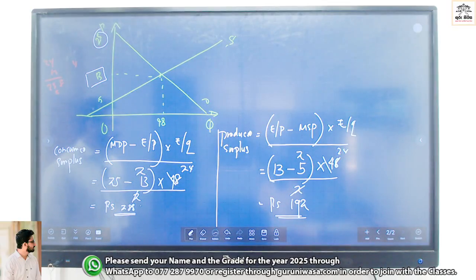Then the last question asks you to show consumer surplus and producer surplus on the graph, right? So shade the area of consumer surplus and producer surplus on your diagram.